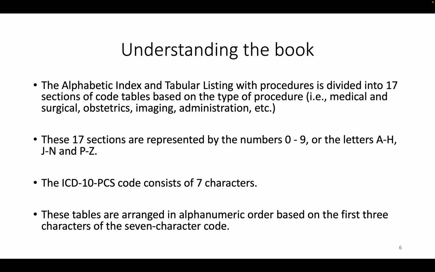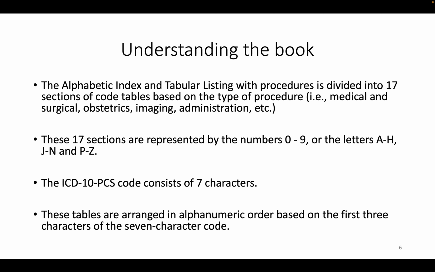Each character has up to 34 different possible values, and each character consists of digits 0 through 9 or letters A through H, J through N, or P through Z. The letters O and I are not used as they can be confused with the digits 0 and 1.